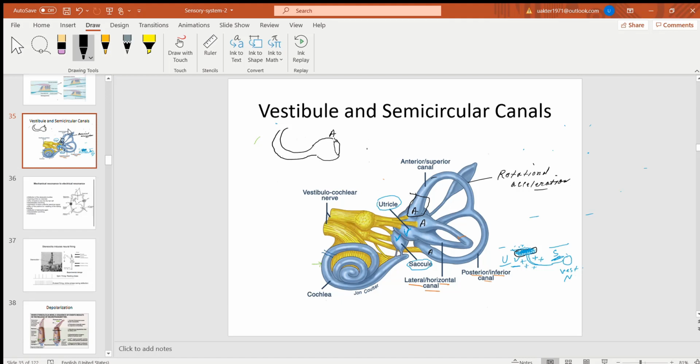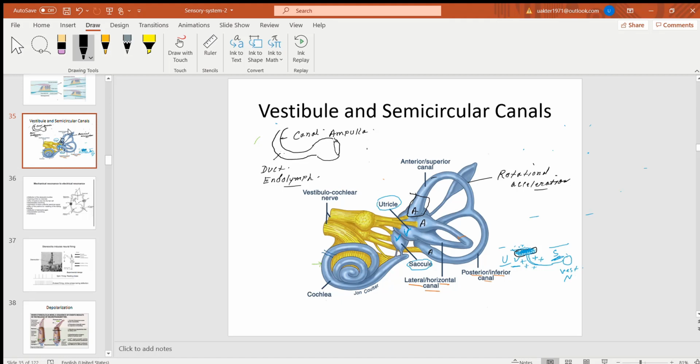So ampulla, canal, and inside the canal you have the semicircular duct filled with endolymph, okay. Same fluid we talked about in the cochlea and vestibule, endolymph, right, rich with potassium, okay.